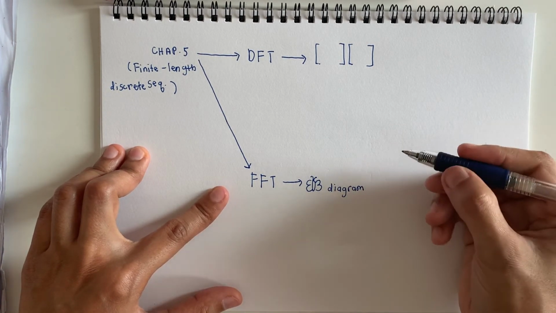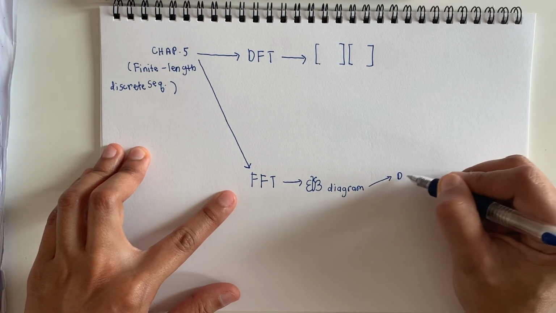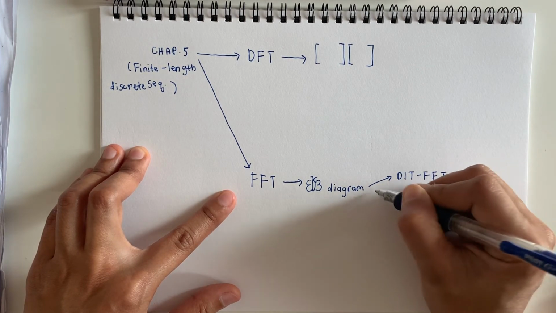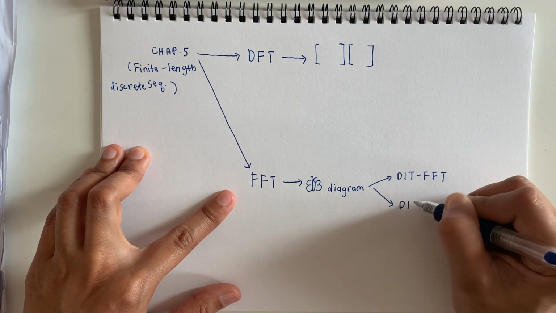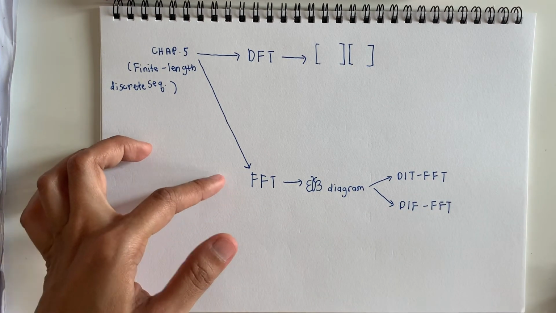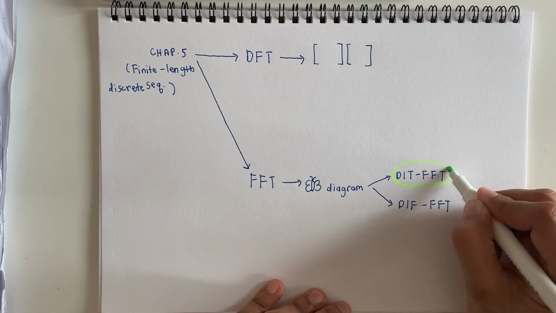As I explained before, under FFT we have two types of FFT. One is decimation in time, another one is decimation in frequency. What I have taught you is DIT FFT.